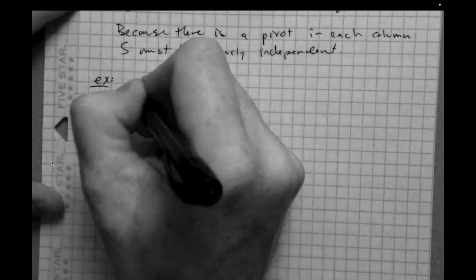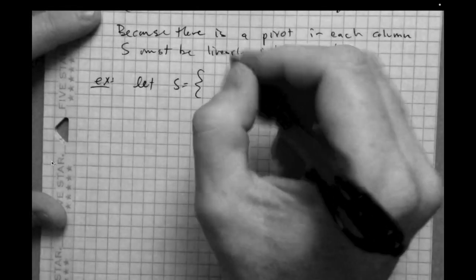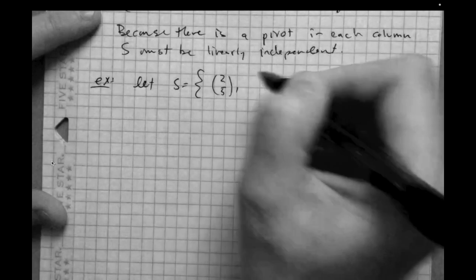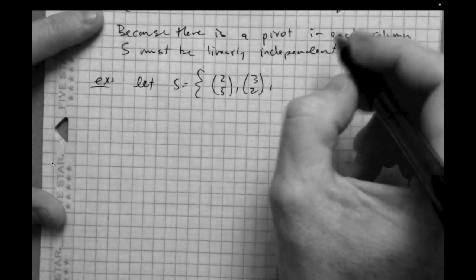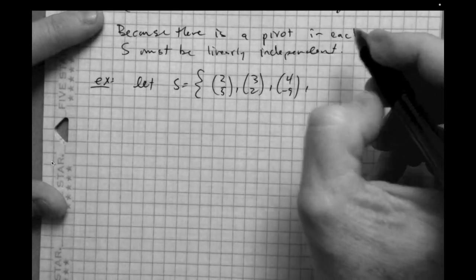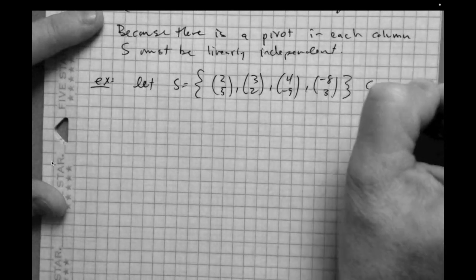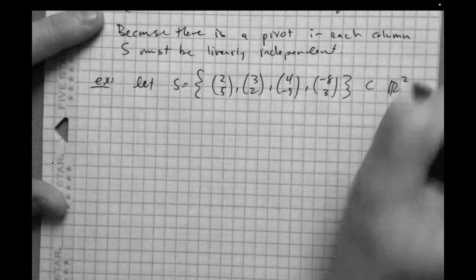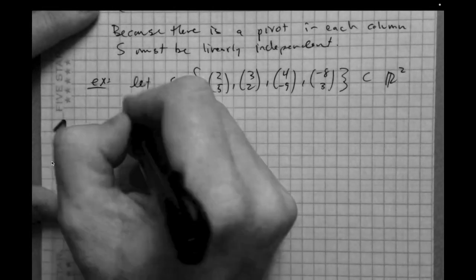So let's let S equal (2, 5), (3, 2), (4, negative 9), and (negative 8, 3). This is obviously a subset of R2. Is S linearly independent?